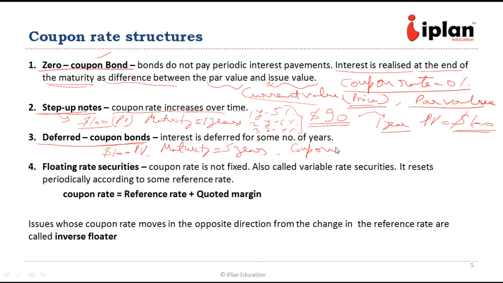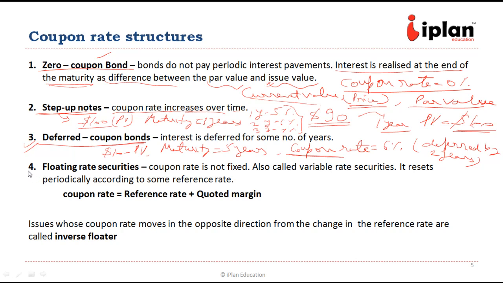Coupon rate could be 6%, but it is deferred by 2 years. So in this case, for first 2 years, the investor is not going to earn any coupon on the bond. Only from third year, the investor is going to receive the coupon rate. So these bonds are called deferred coupon bonds.